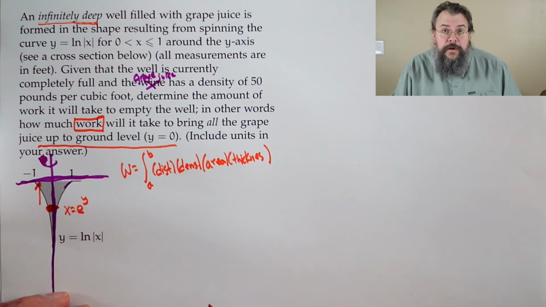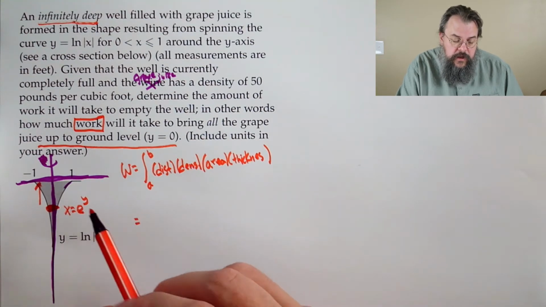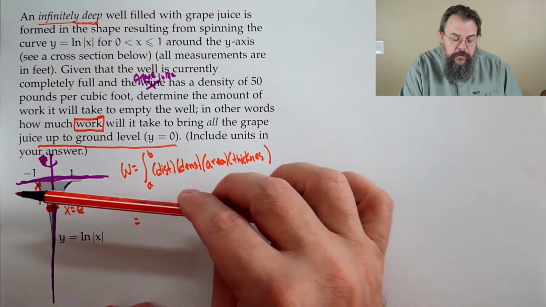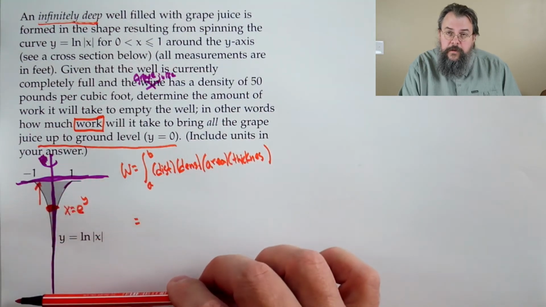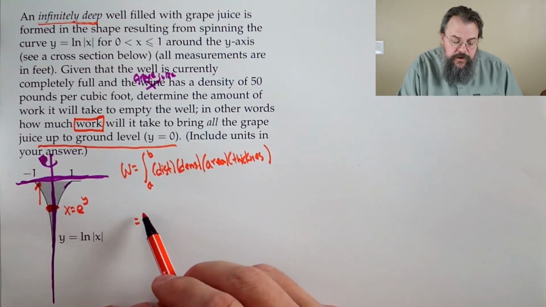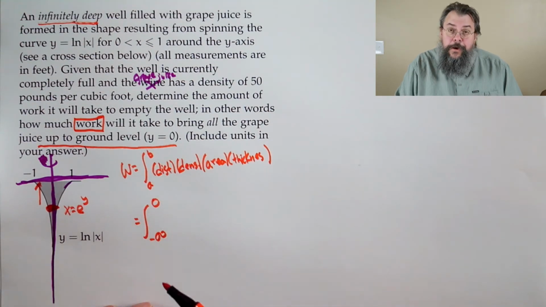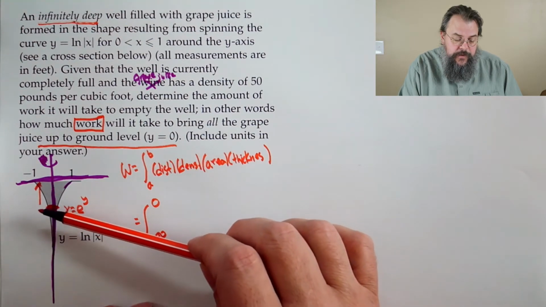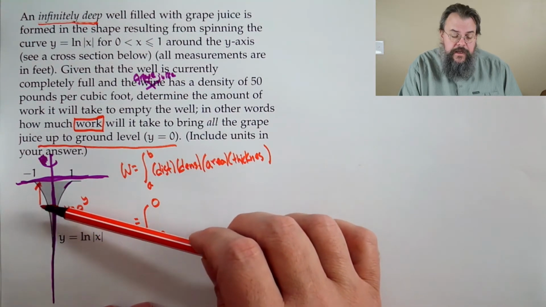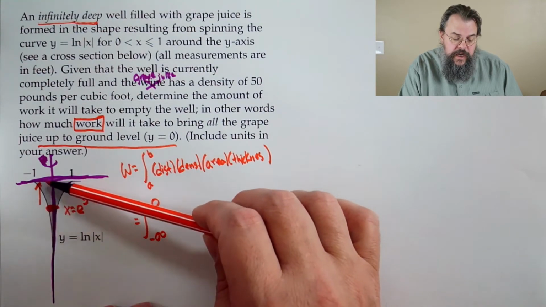So how do we proceed? Well, this would be the integral. Where do we go from? Well, from ground level down all the way, right? So we're going between minus infinity and 0. What's our distance? Well, we want to go from this level y up to the level 0. So what is that?